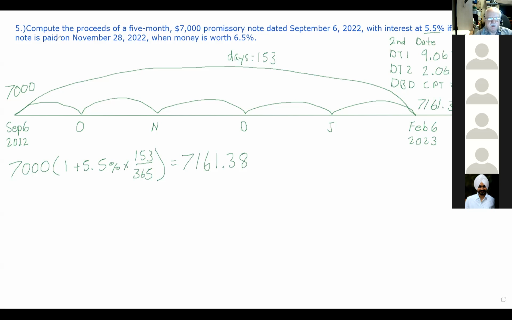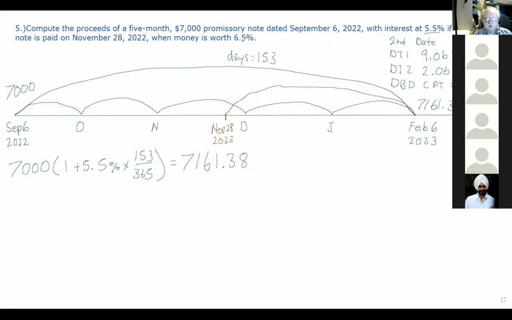If the note is paid or sold on November 28th, we can find November 28th somewhere like here. November 28th, we're still in 2022. And so someone is buying this piece of paper on November 28th, and they're going to hold it until February 6th.